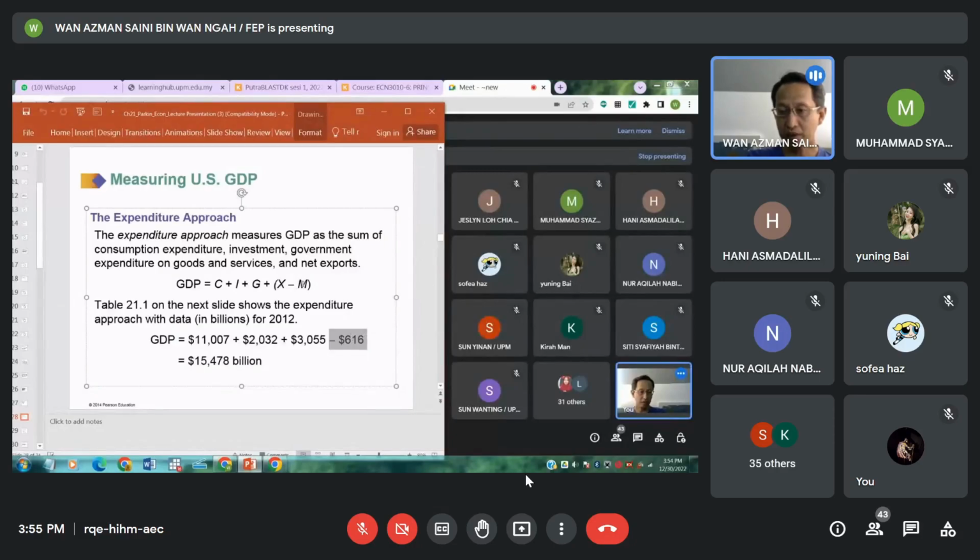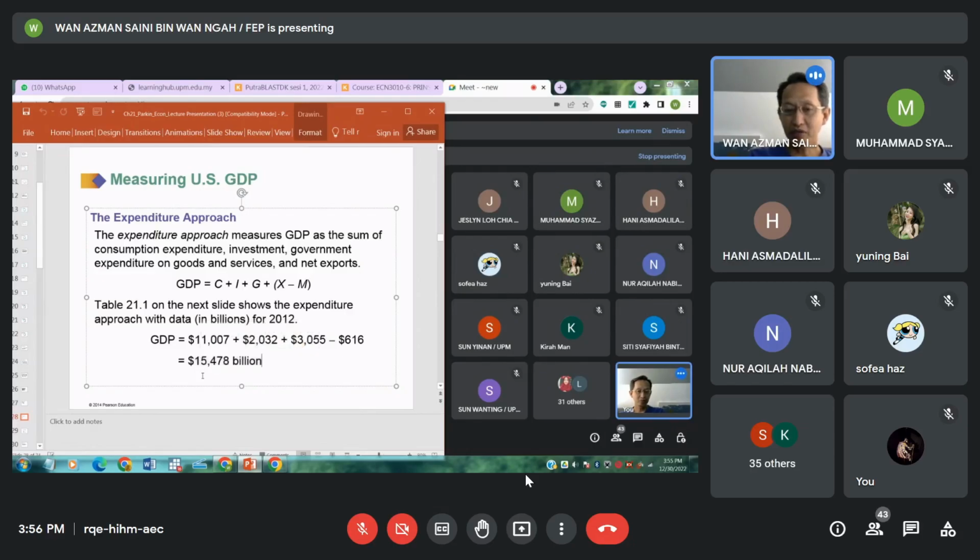Negative means imports are greater than exports. If the number is positive, it means exports are greater than imports. So the US is importing more than what they export. They import a lot. They rely a lot on others. So the total is 15 trillion.